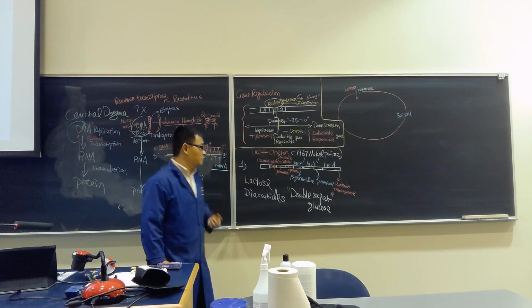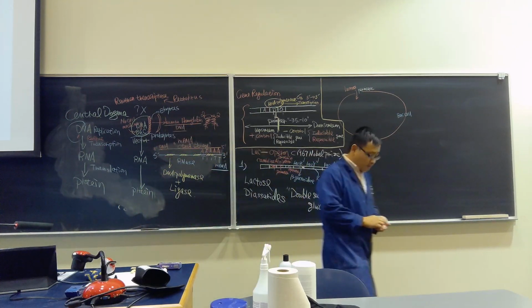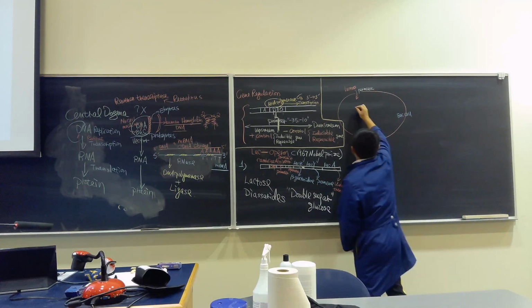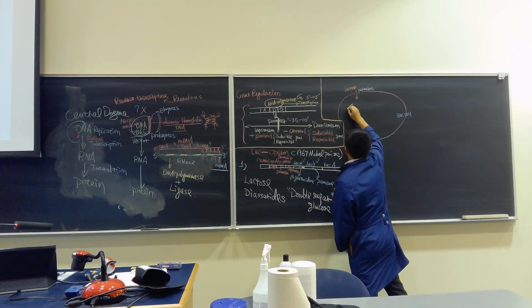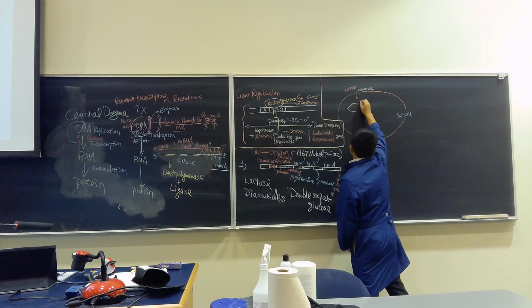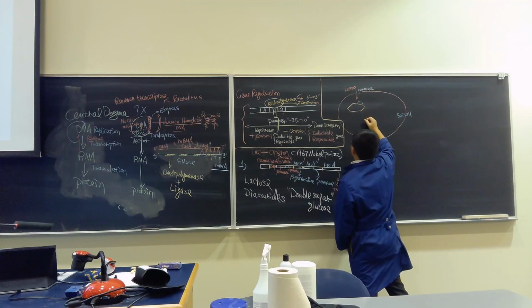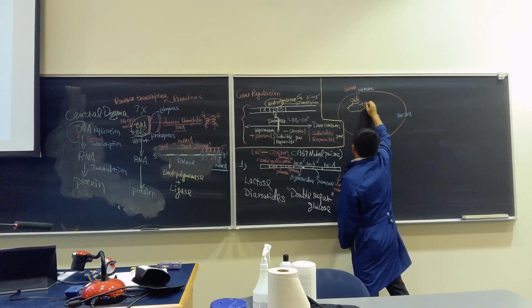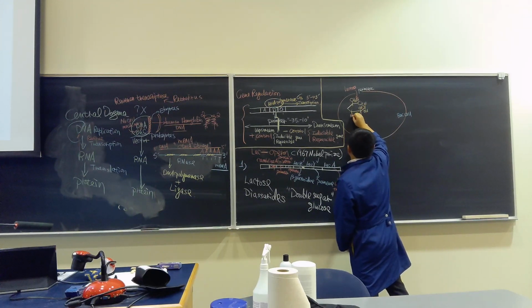Okay, then what's the structure of lactose? I'll give you extra points. You need to know what glucose is, is that right? Okay, what is glucose? How do you get glucose? You should know, it's very clear right now. It goes down, goes up, goes down, up, and then up.